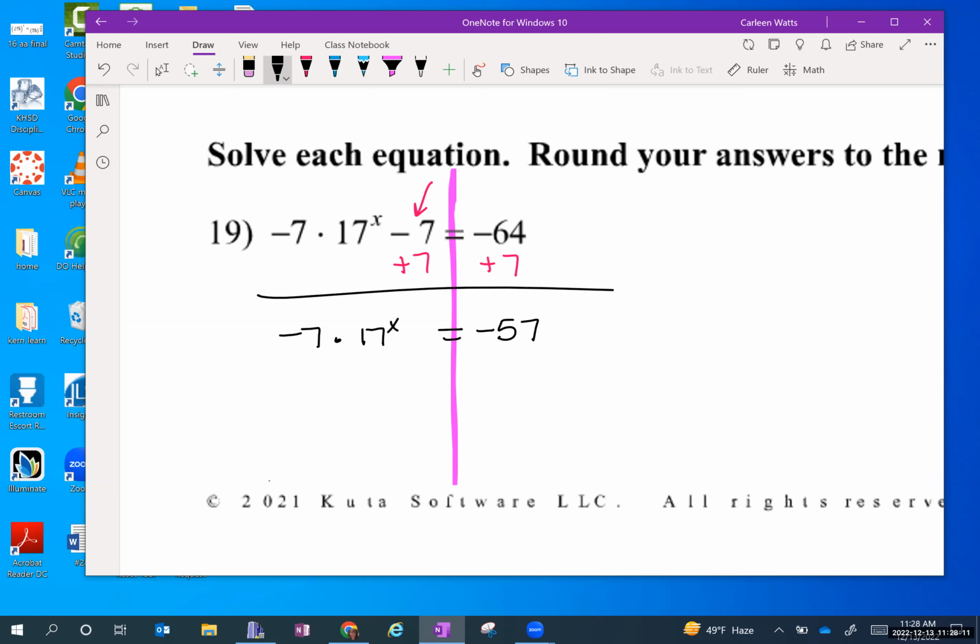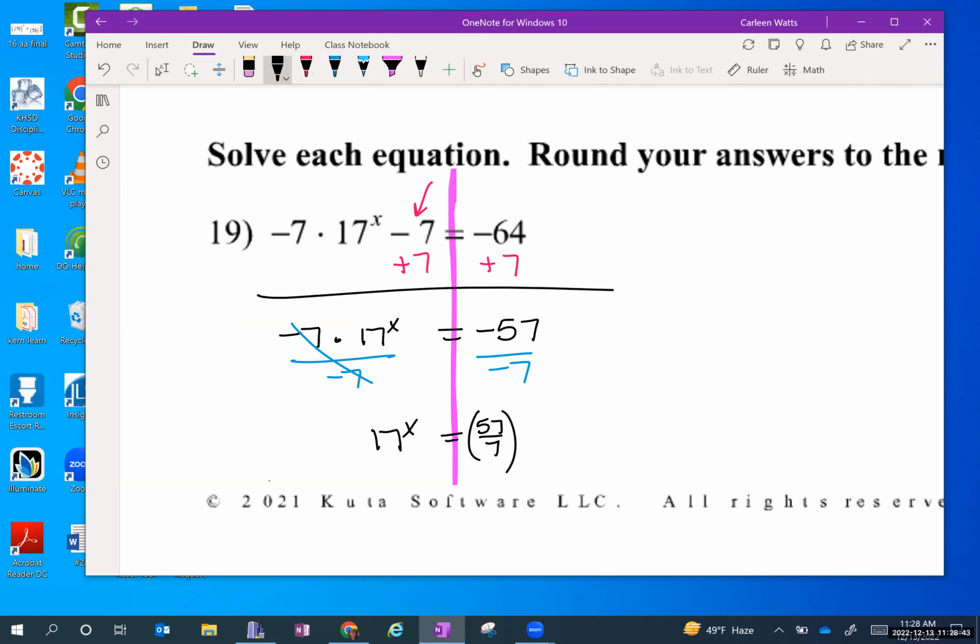Next step. Divide by -7. And we are going to keep this as a fraction because we do not want to estimate a decimal until we're done. The final answer we can estimate. Now what?